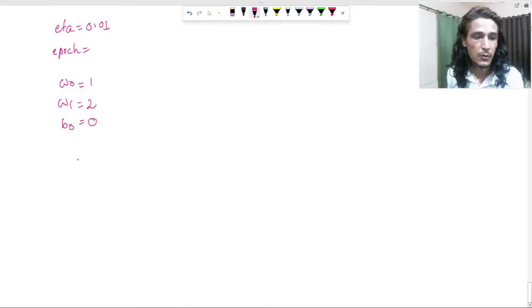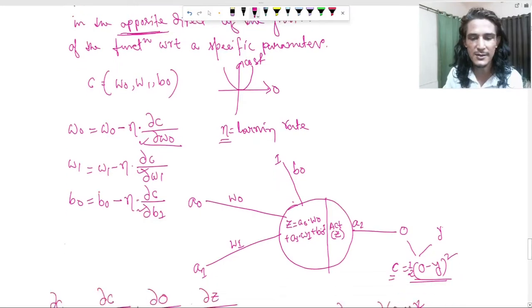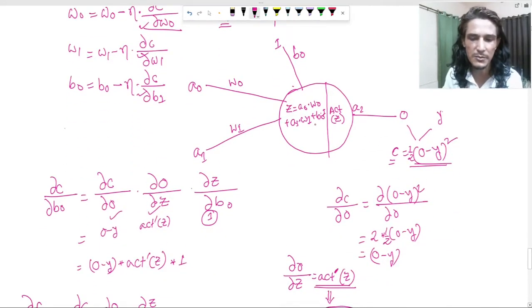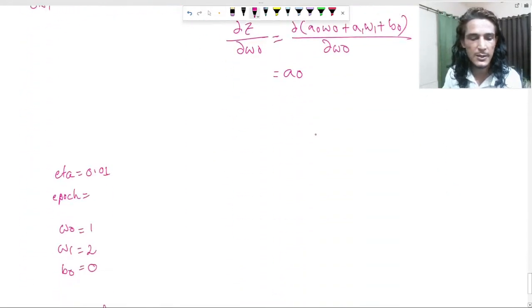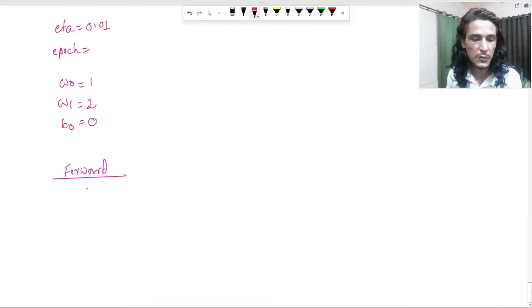Now what we want is to do a forward pass. In the forward pass, the neuron's operation itself is the only operation that we want our network to perform. So in the forward pass, we want to compute the output.